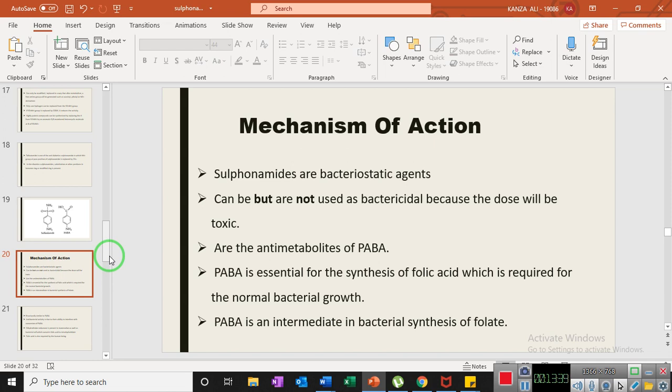Instead of participating in that metabolic pathway, it is going to inhibit it. They may inhibit the metabolic pathway, or the resulting product will be different from the required product of that pathway.